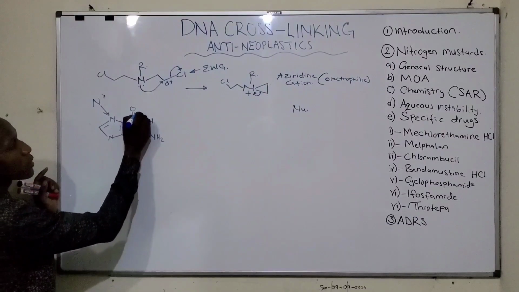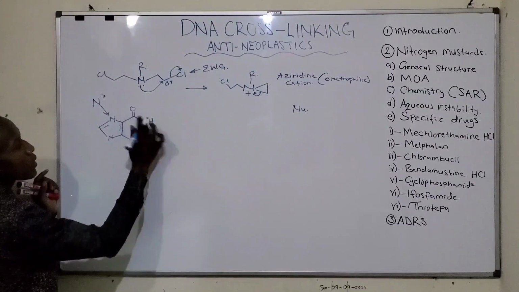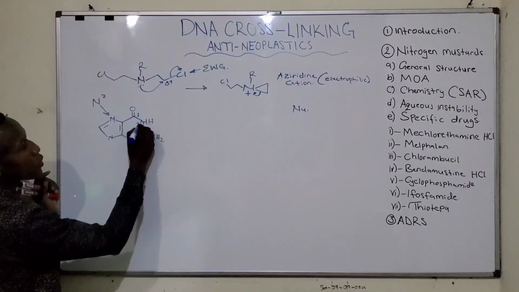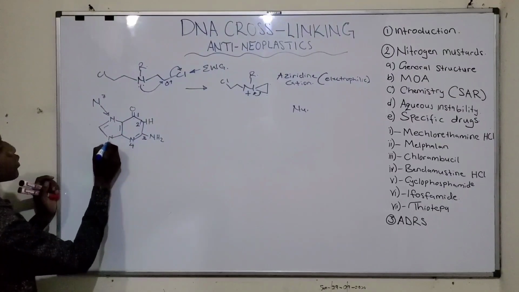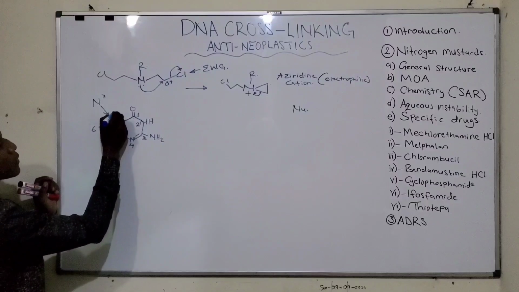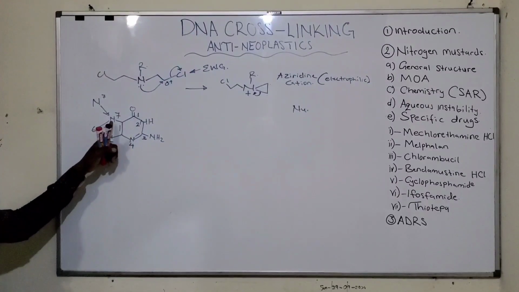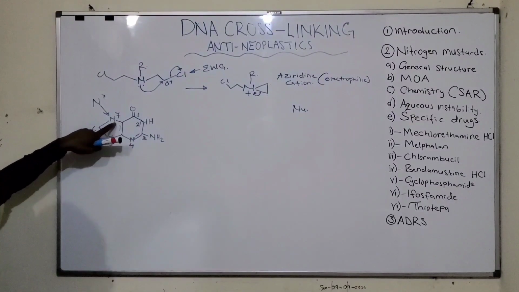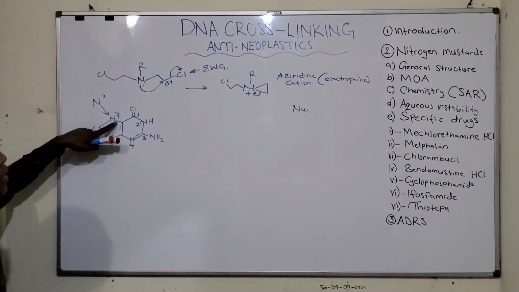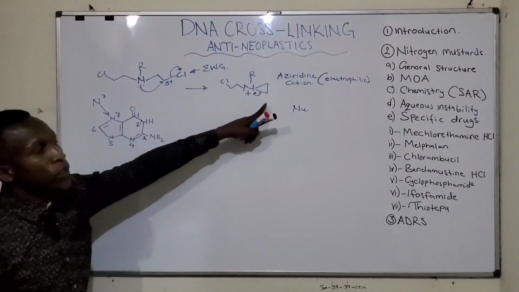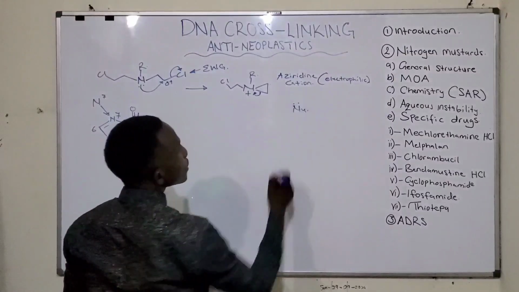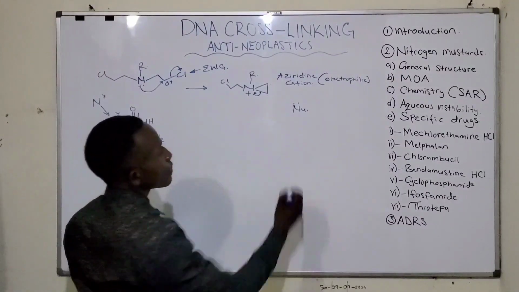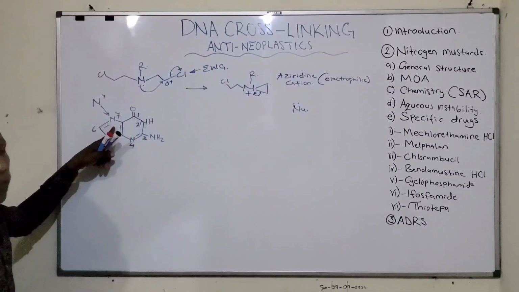This is position 1, this is 2, this is position 3, this is 4. This one will be 5, 6, and 7. So this N is highly nucleophilic. It is the one which will come to attack this carbon. So I've represented it as a nucleophile, but it is the N7.